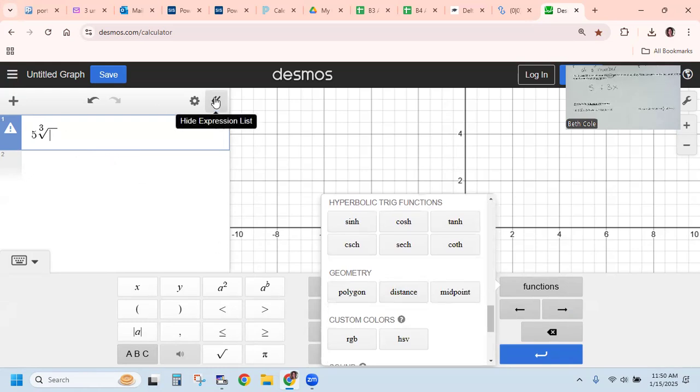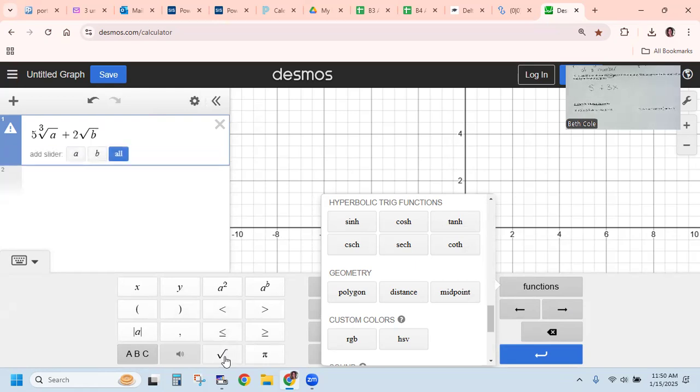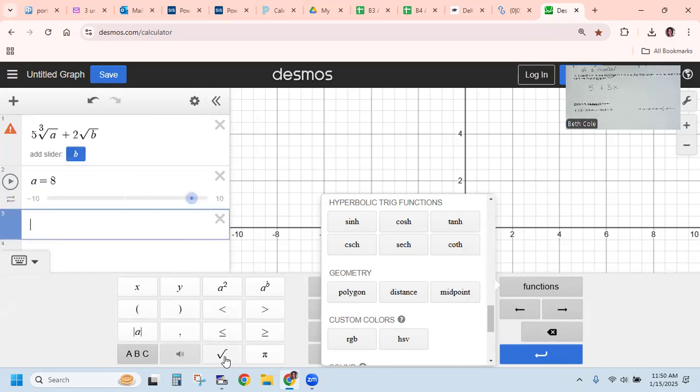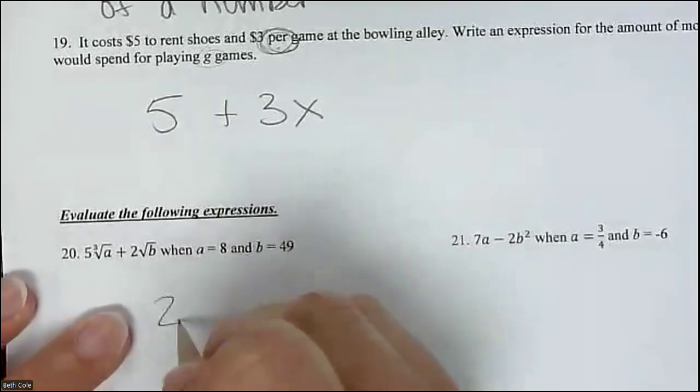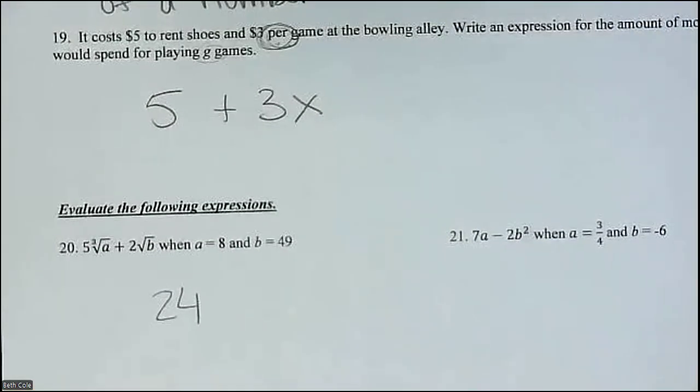So 5 cube root of A plus 2 square root. Your square root is right here, so that's easy to find. B, then what? A equals, good, 8. B equals 49. And your answer is 24. No one should miss that at all. Like, for the love of my sanity.